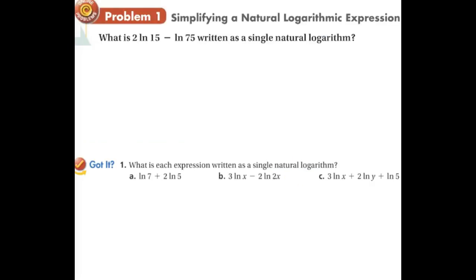All right. So let's look at doing some condensing. You can expand and condense with natural logs the same way we did with regular logs. So I have 2 natural log of 15 minus the natural log of 75. When I'm condensing this into a single log, what's the first thing I would do? Okay, put that 2 back as a power. Right?